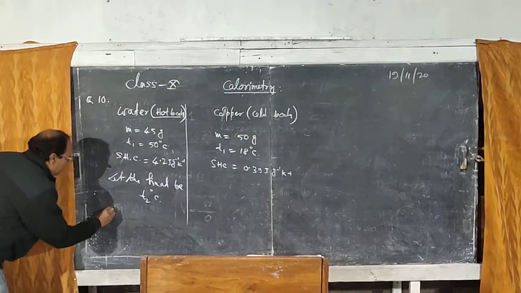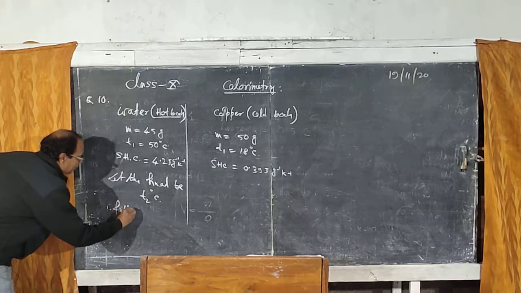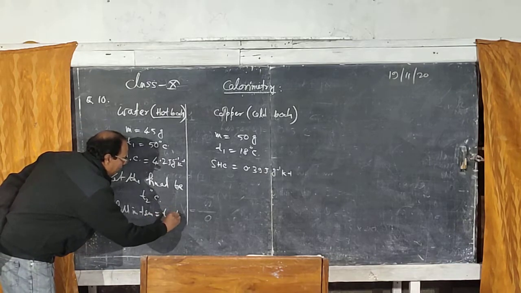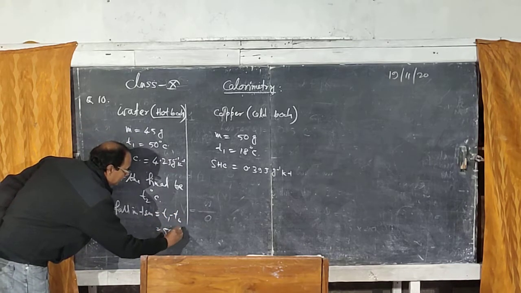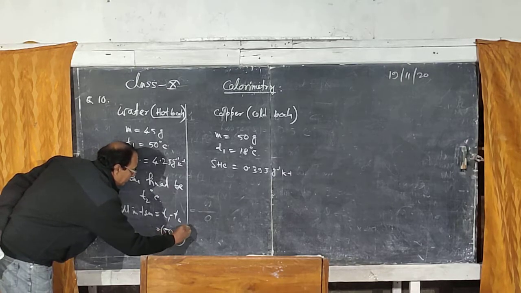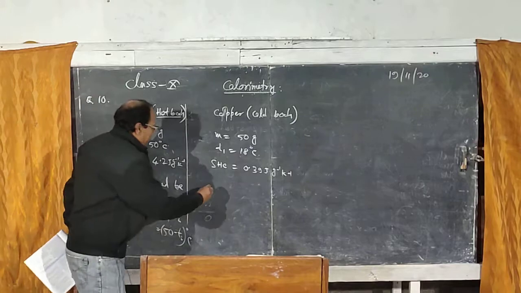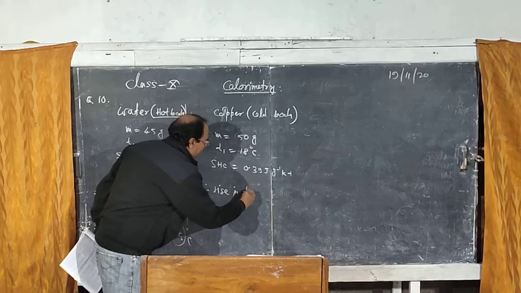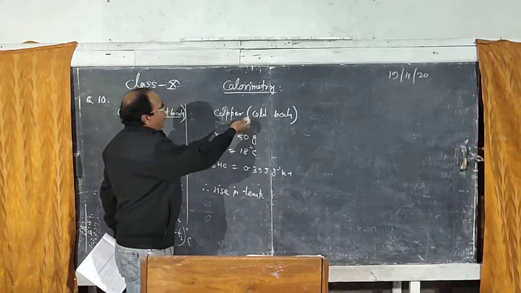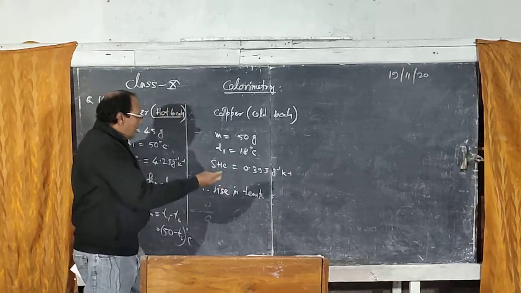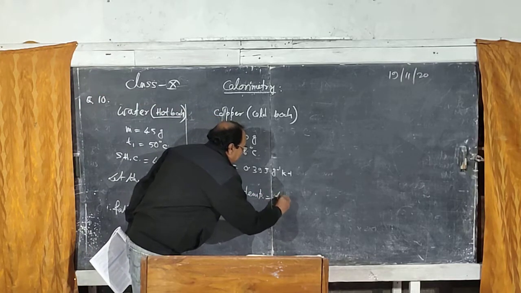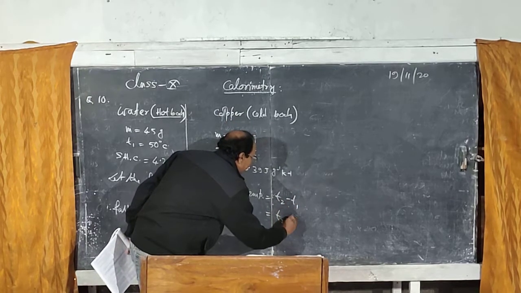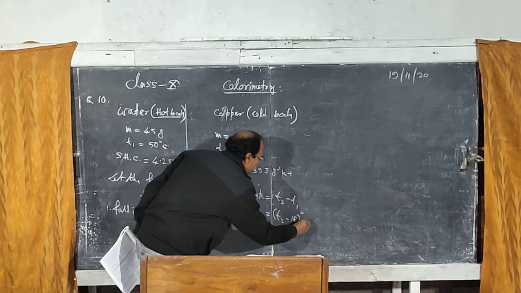Therefore fall in temperature equals T1 minus T2 equals 50 minus T2 degree Celsius, right? And rise in temperature, because cold body will gain heat, the temperature will rise, equals T2 minus T1, which is T2 minus 18 degree Celsius.